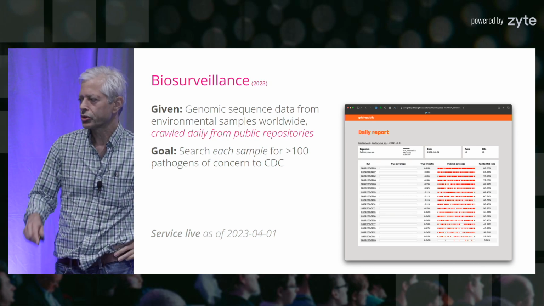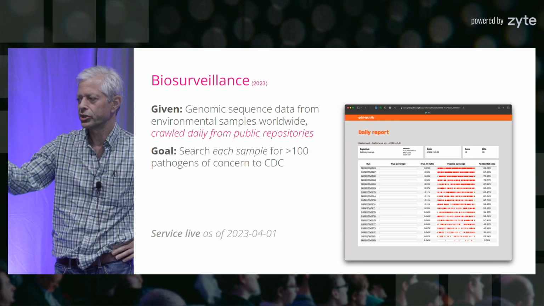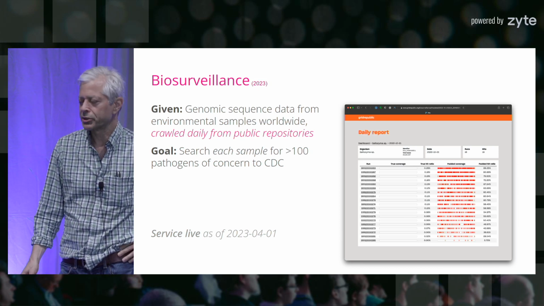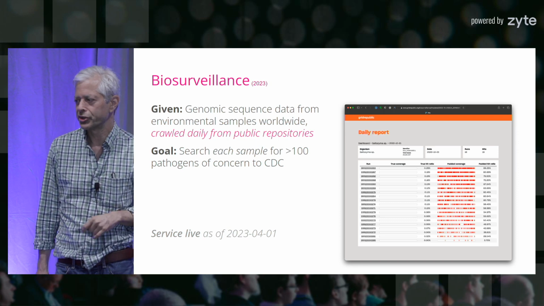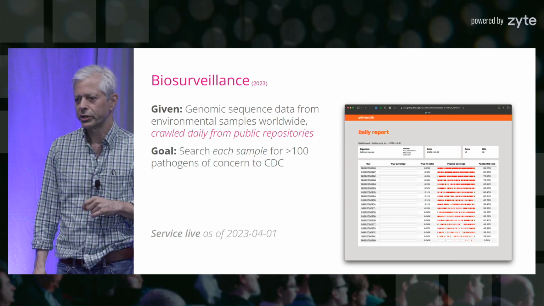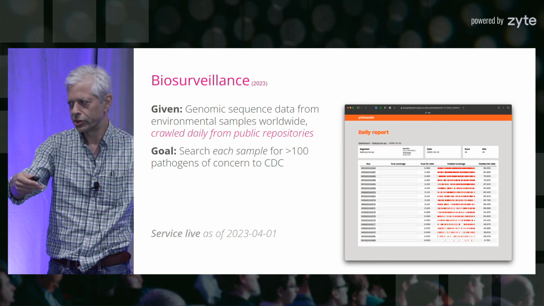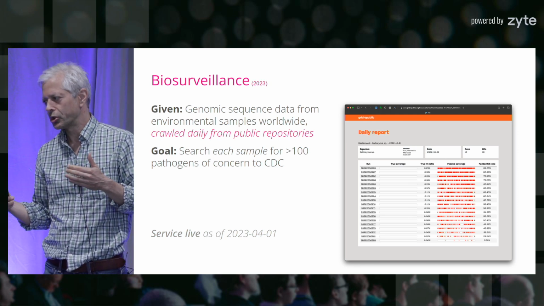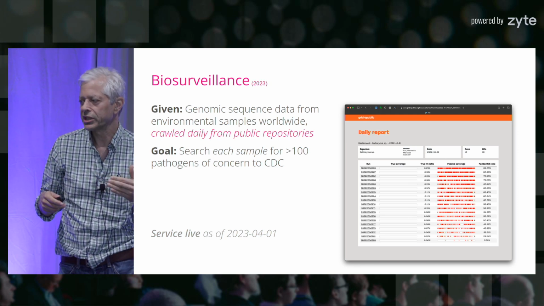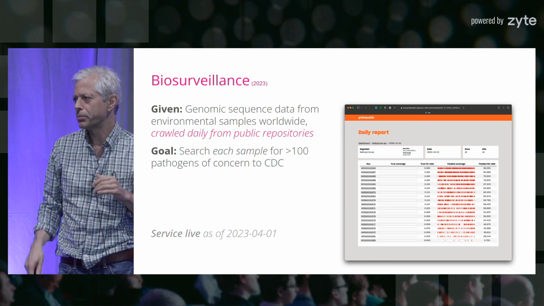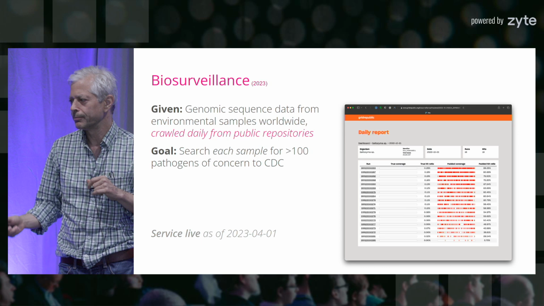There's genomic sequence data that gets posted to the web every day in the form of experiments that have basically environmental samples. What we're doing is crawling the sequence data from these environmental samples on a daily basis and screening each of them to search for the presence of about 100 pathogens of concern to the CDC.